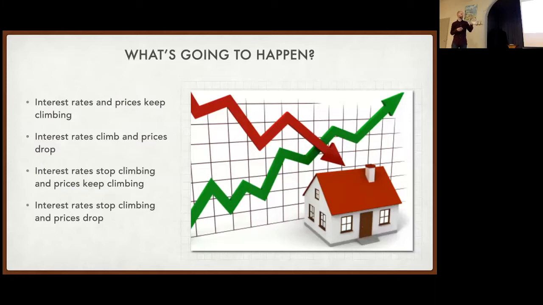So we are going to see how the market adjusts to the increases in interest rates we've already seen. And if they start seeing the recession, the economy slowing down, they might just leave it. So they could leave interest rates, which could see property prices continue to climb, or interest rates could stop climbing and prices could drop. So these are variables.